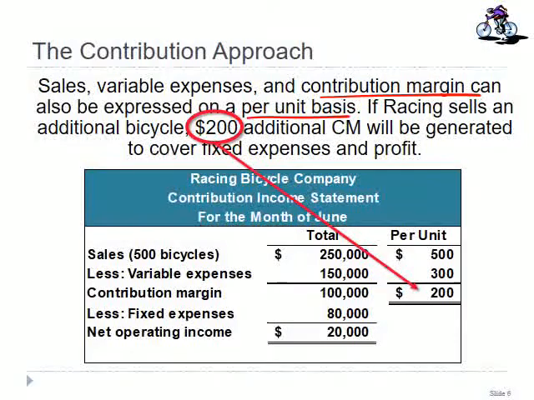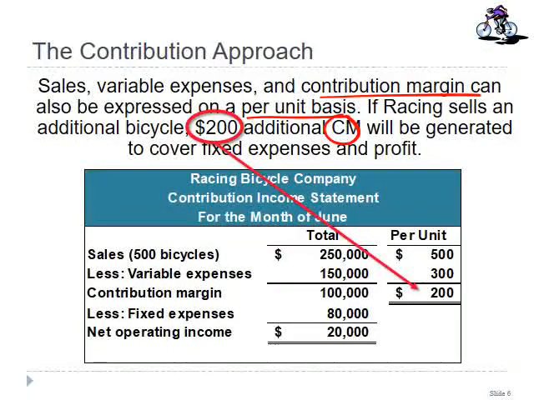So here, if Racing sells an additional bicycle, 200 additional CM, or contribution margin, will be generated to cover fixed expenses and the profit. So basically they are talking about how we can also convert our sales into per unit sales as well.